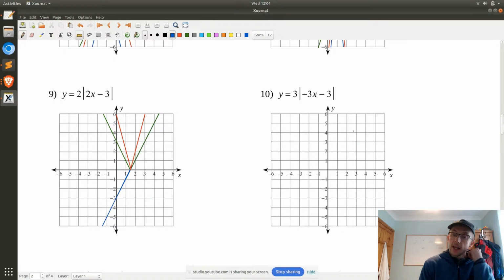Okay. Negative 3x take 3. What does that look like? And then take 3. And then do the absolute value of that.